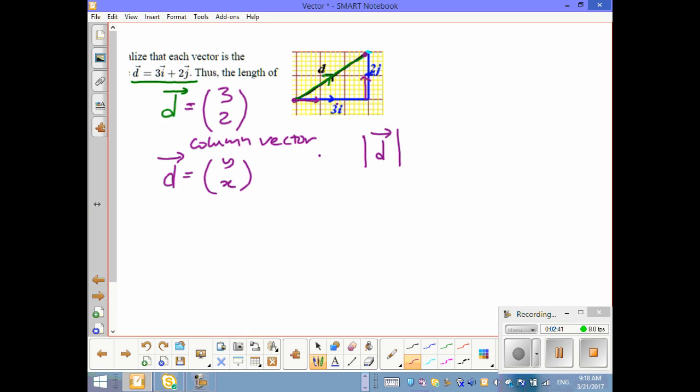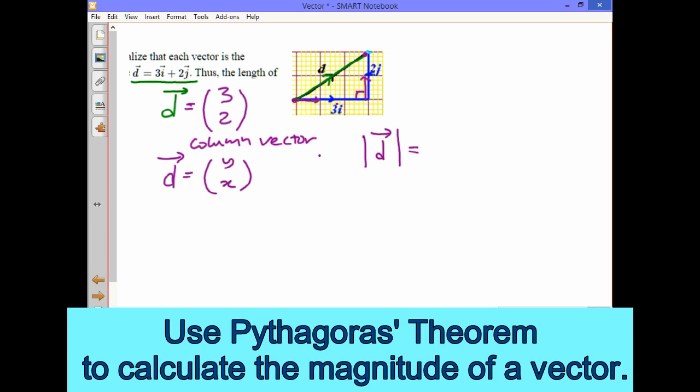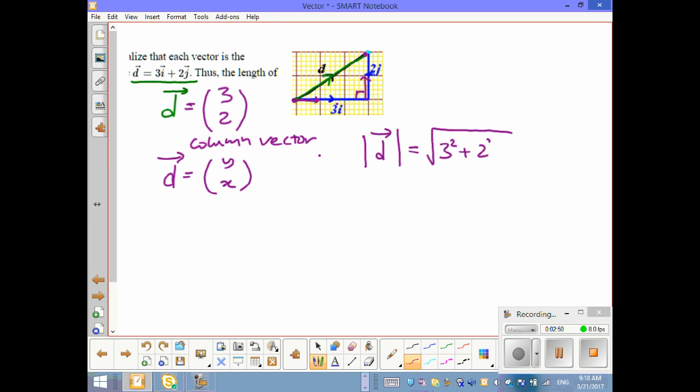And from this right angle triangle, you can see that we simply use the Pythagoras theorem, that is 3 squared plus 2 squared. So in this case it is 9 plus 4, square root of 13. Because it's a distance, this is always going to be a positive number.